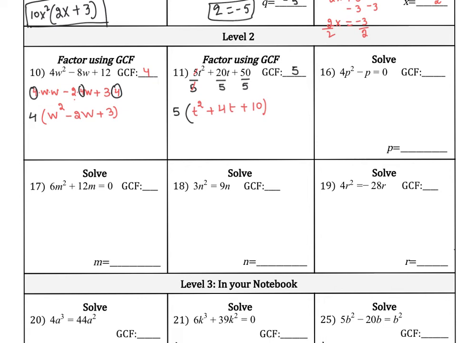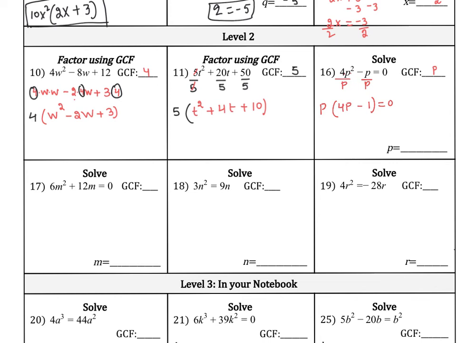For number 16, the GCF is just p because there is no number here. So we cannot even think about any number other than 1p. And when you divide by p, p is common as a GCF. 4p squared divided by p is just 4p, minus p divided by p is 1.